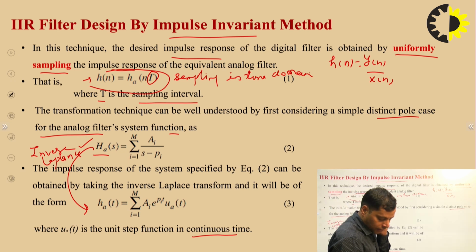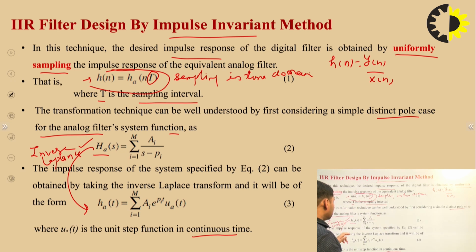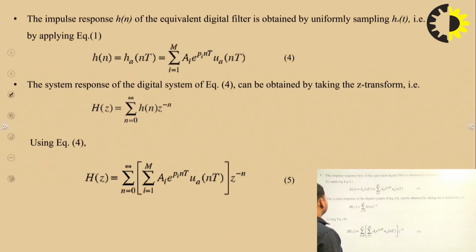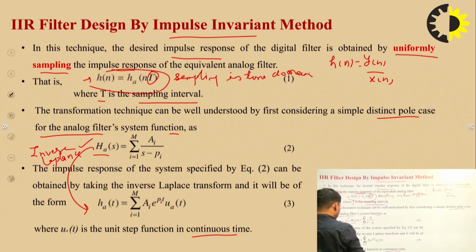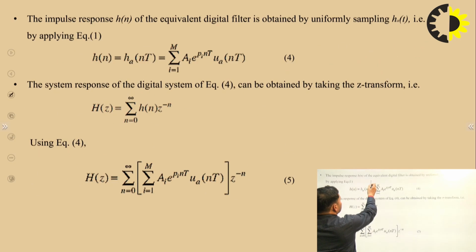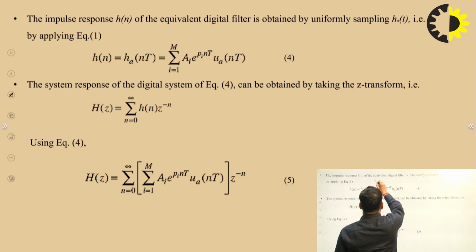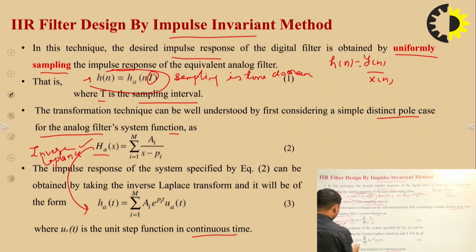Now we have a continuous time function, and we have to apply it to get the impulse response h of n of the equivalent digital filter. This is the response of the analog filter.